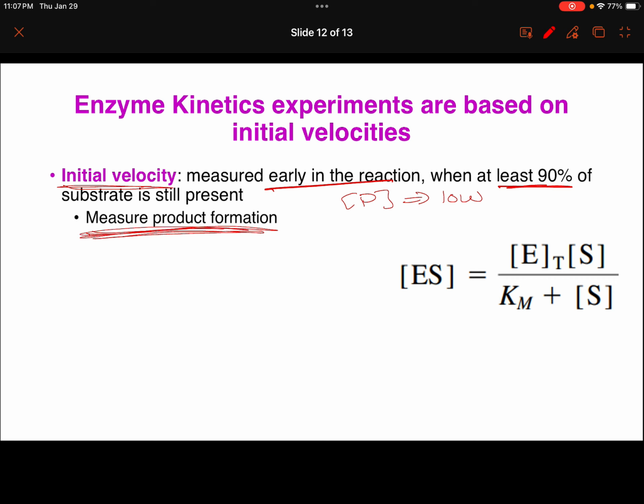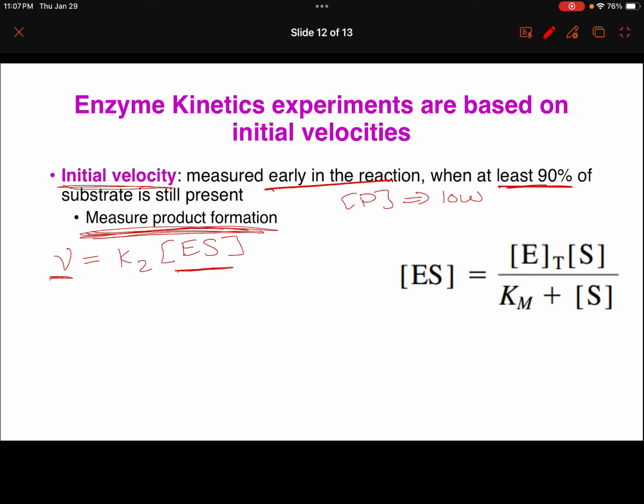We're going to measure product formation. So we said back at the beginning that our product formation was our K2 times the concentration of enzyme substrate complex, because that is what decays, that's the reactant that forms our product and our free enzyme. All right, so that was our rate of product formation.